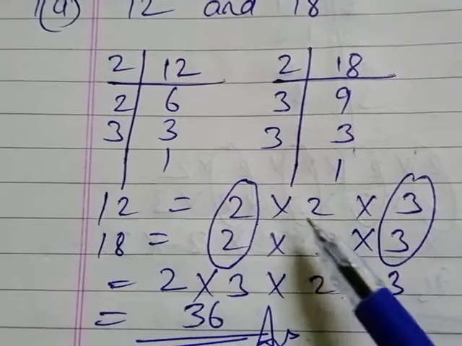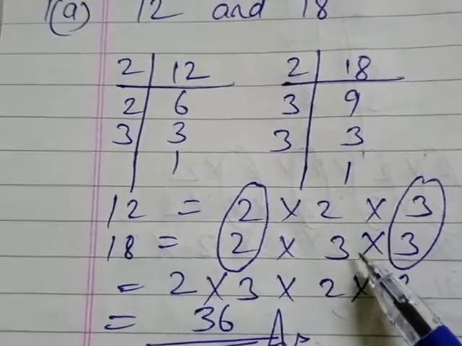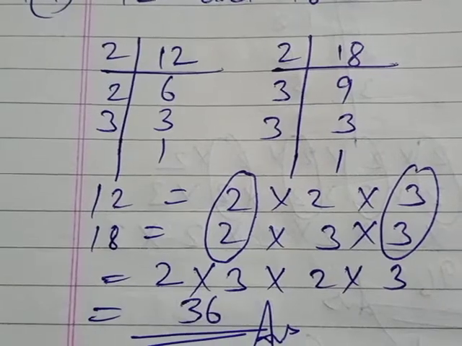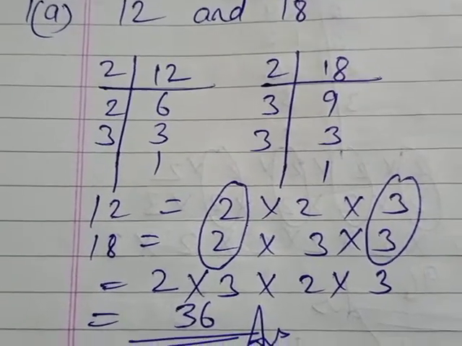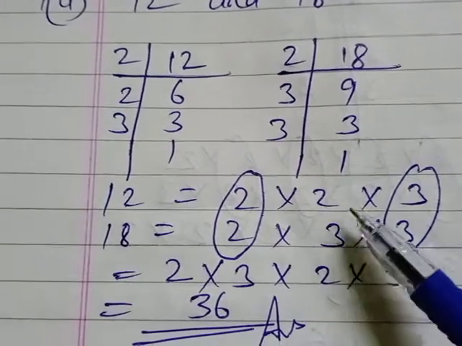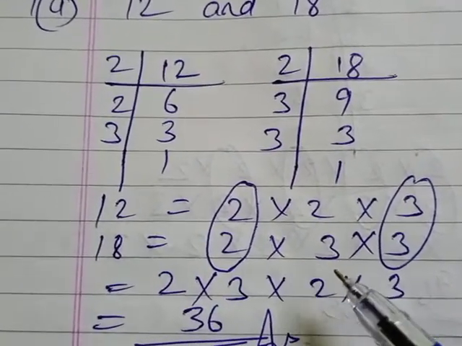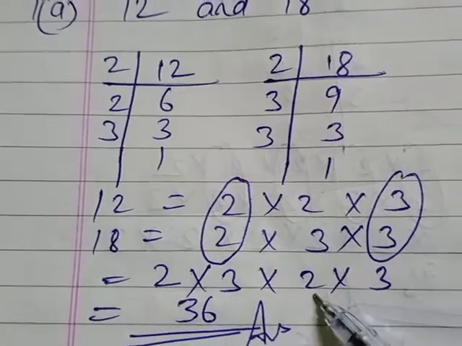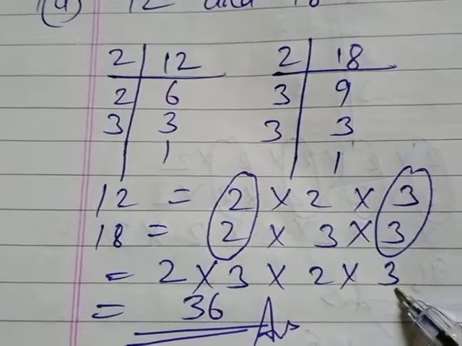In HCF we were just leaving these two because they are not common with anyone. But in LCM, keep in mind the numbers which are remaining aside, we will take them also for multiplication. You got it clear, na?